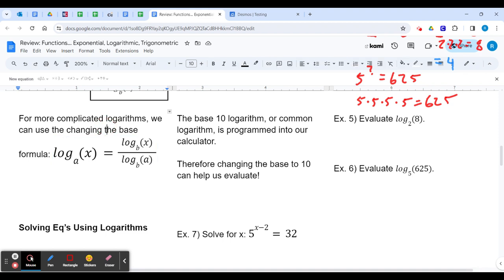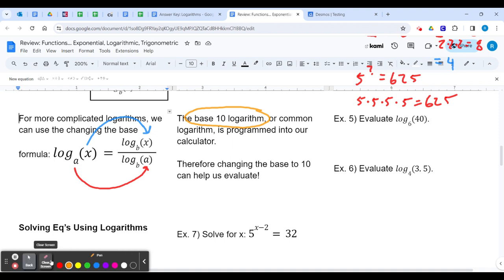Notice when we do this, the x slides up top, and that base a slides on bottom. When we do this, we want to use the base 10 logarithm or common logarithm because it's programmed into our calculator.